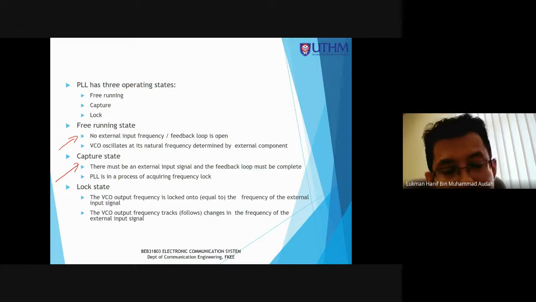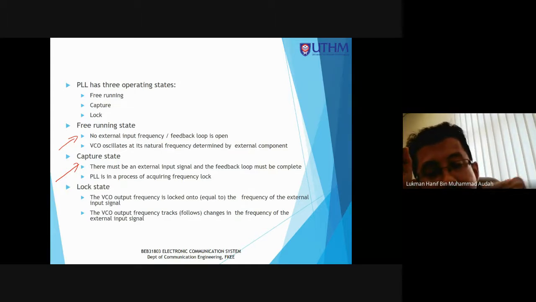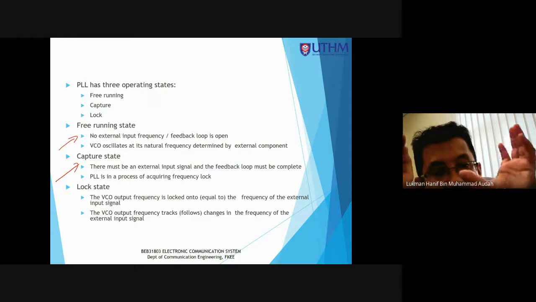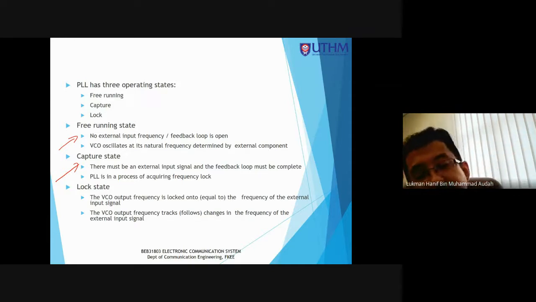Capture state means that we have the frequency of the input is equal to the frequency of the voltage control oscillator. Yang mana kita dah capture frekuensi yang kita inginkan. Tadi dalam free running state tidak ada input.